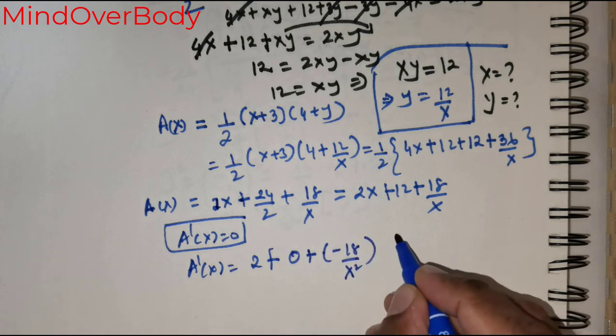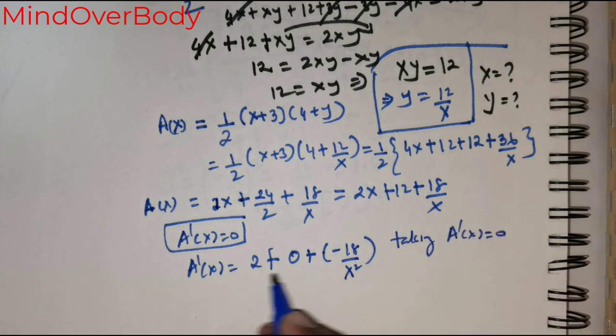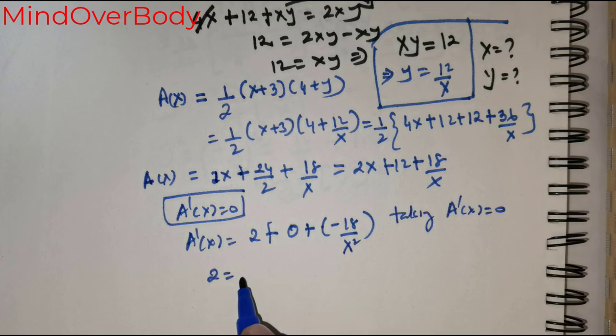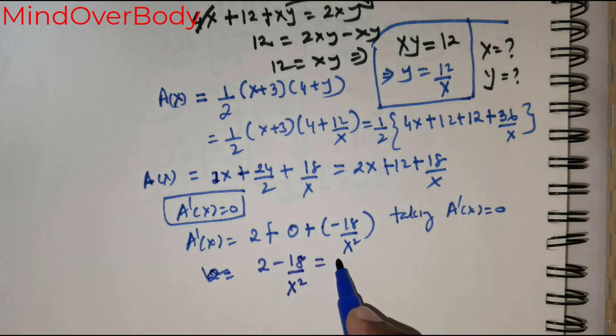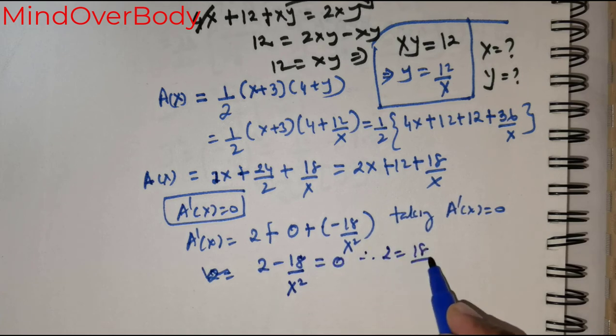So taking A dash of x equal to 0, I will write it in this fashion: 2 minus 18 over x squared is equal to 0. Therefore 2 is equal to 18 over x squared.